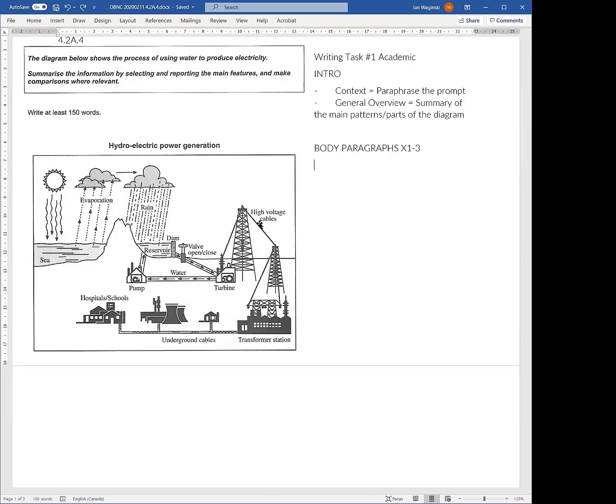Okay, so you have to first start saying that the sun hits the water and then the evaporation happens, Mm-hmm. which rains in the reservoir.